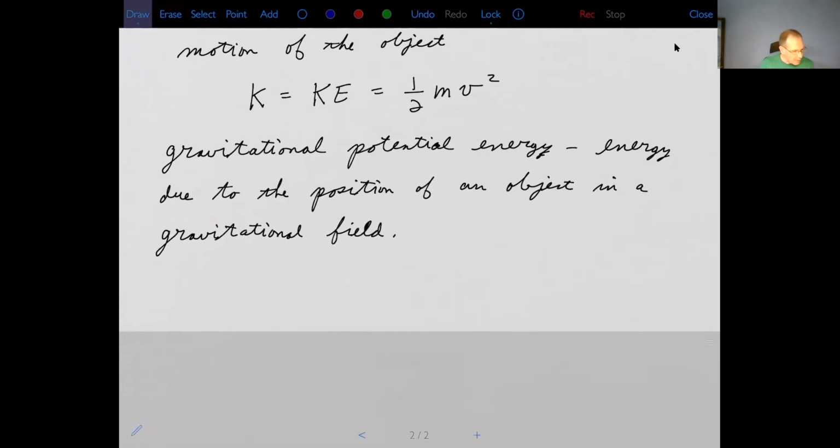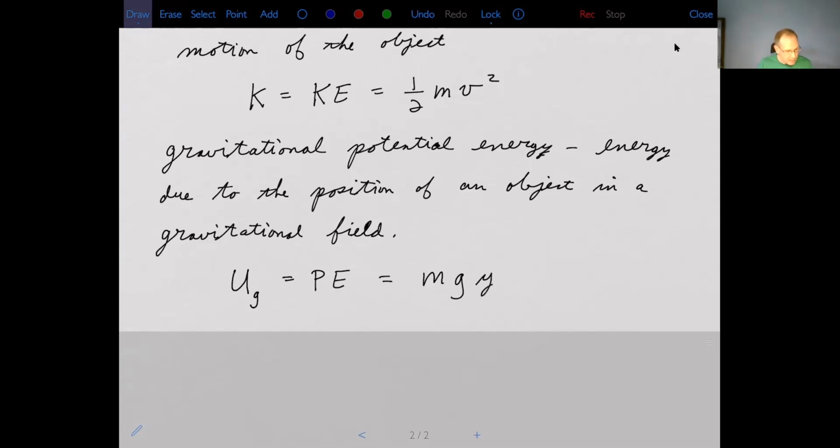So in terms of the equation, sometimes you'll see this written as U for potential energy, and in particular, we want gravitational, so there's a sub G there. Or often in my handouts, I'll just use PE. So they both mean gravitational potential energy. And it's simply equal to the mass times the acceleration due to gravity times the vertical distance.